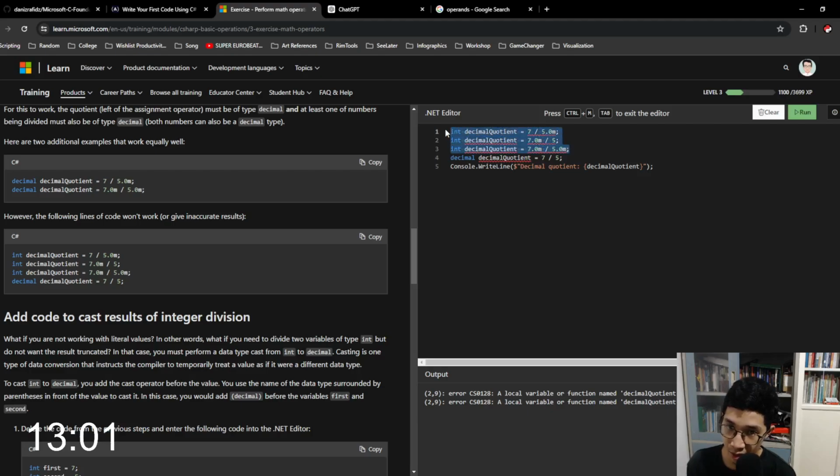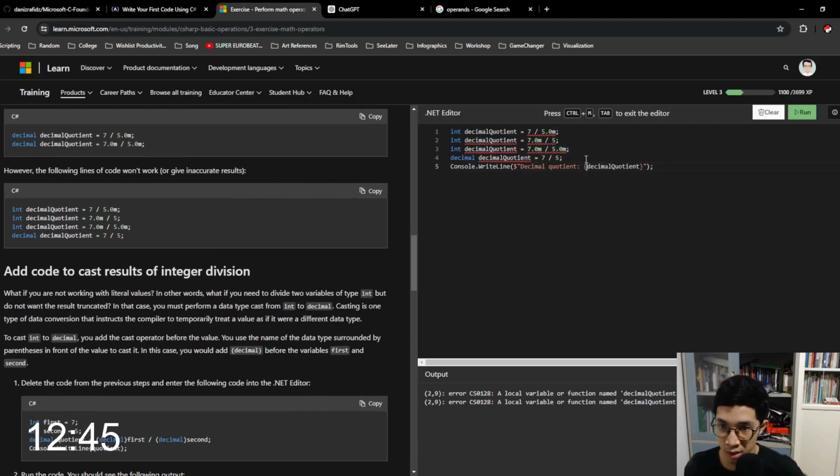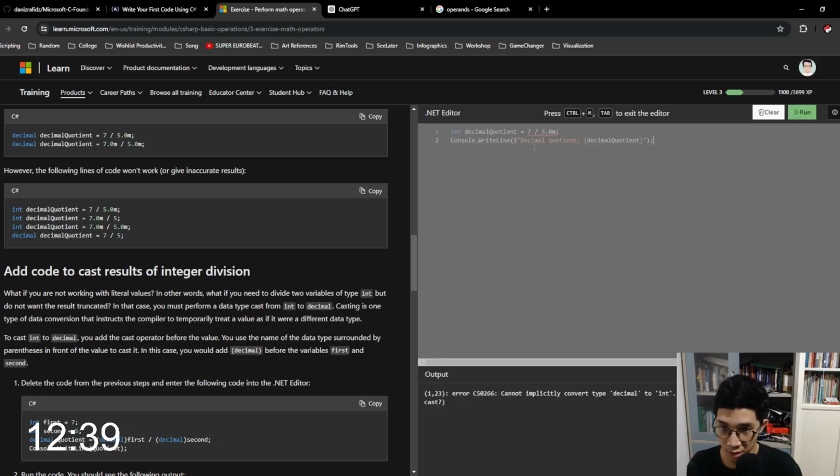This 3 should be an integer, but why do you put the m suffix here? M is for decimal. It will not work, or else it will result in an error, I think. Yeah, let's check if it's working. Yeah, error. See, as I said.